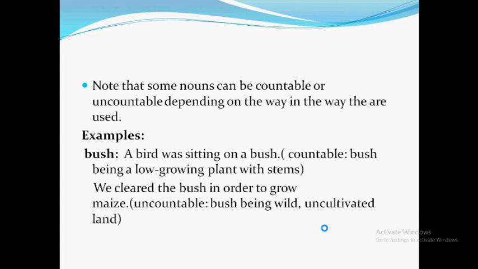In this case, the bush here is used as uncountable noun. Bush being wild, uncultivated land. So we have a vast land there with a lot of grass and a lot of trees referred to as bush, and it is used as the uncountable noun in this context.